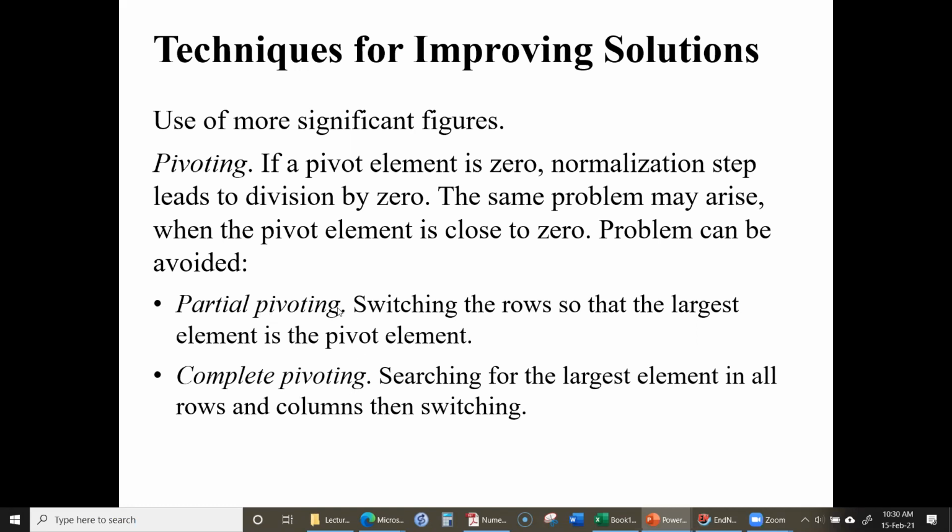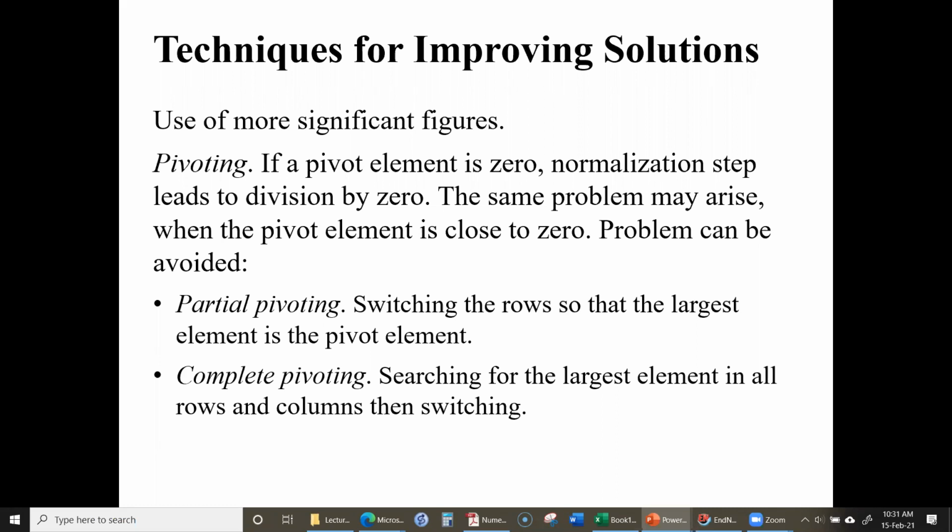So partial pivoting means, for example, if we have a system of equations, we always bring that equation to the top which has the largest value of the coefficient.